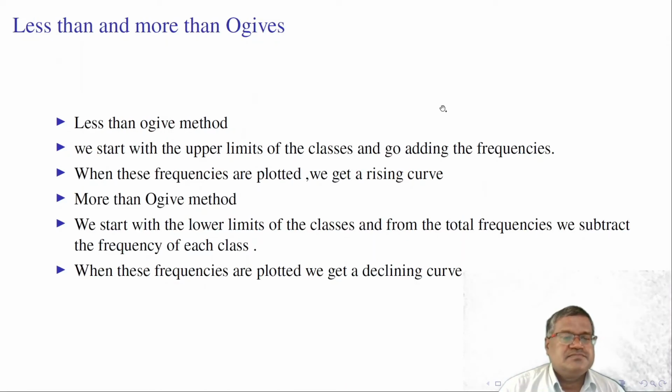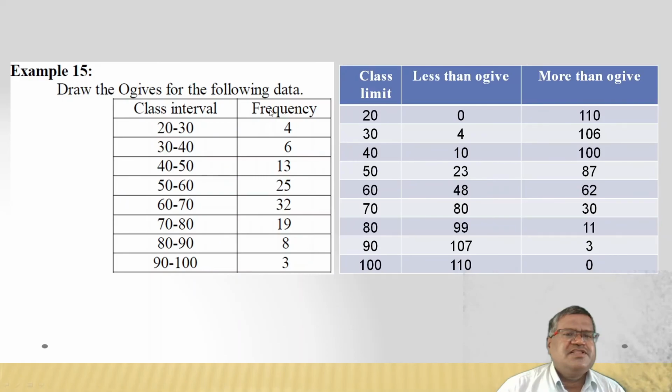Draw the ogives for the following data. This is class interval 20 to 30, 4; 30 to 40, 6; 40 to 50, 13, like that. These are the frequencies. First, less than ogive: for 20, 0; for 30, 4; 4 plus 6 is 10; 10 plus 13 is 23, like that.